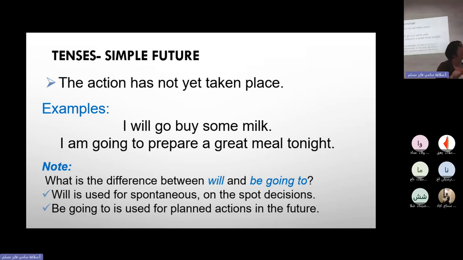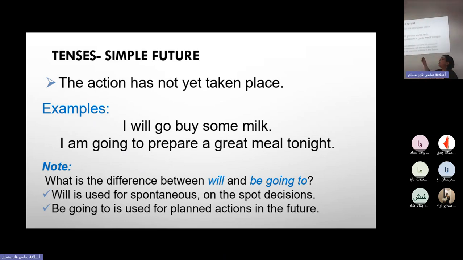Whether you use will or be going to, it's the same. Okay? الاثنين بيعنوا المستقبل. ولكن what's the difference between will and be going to for a trained ear or for a trained editor? Okay.